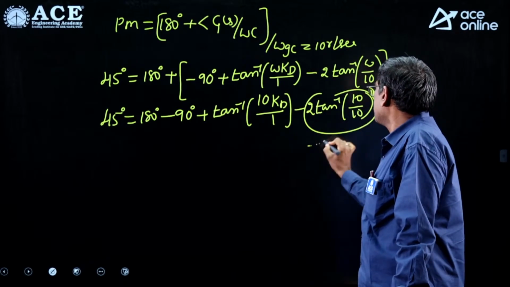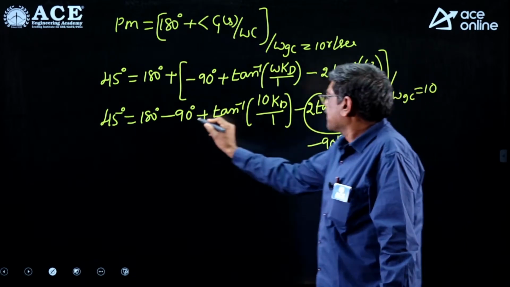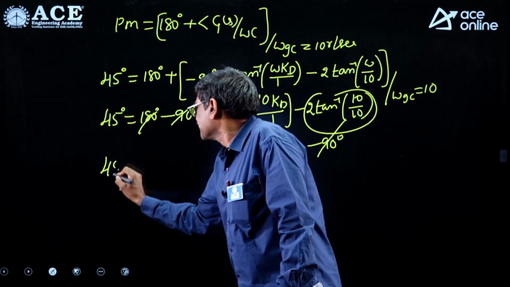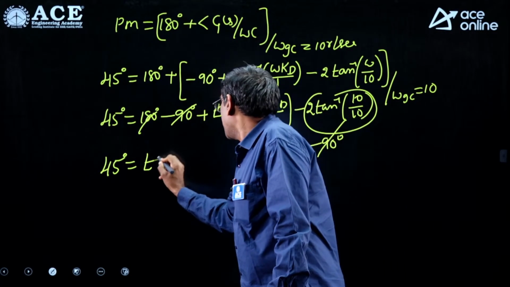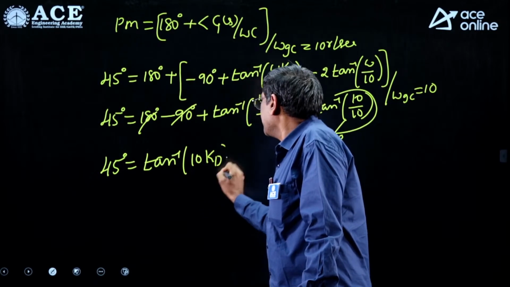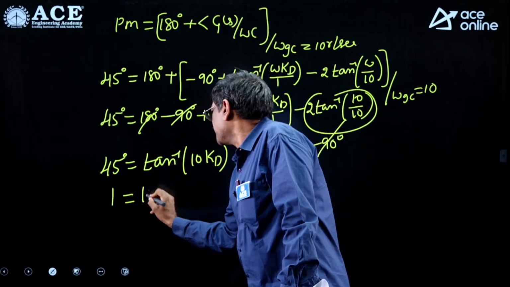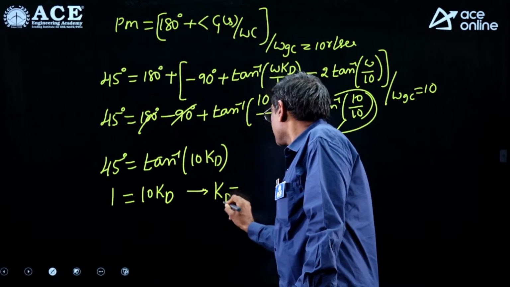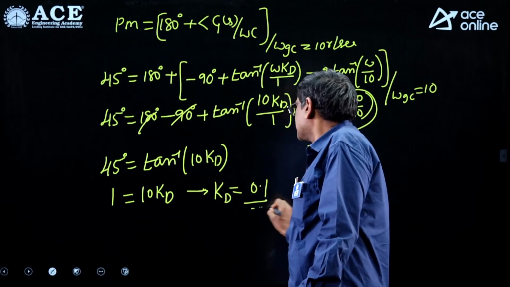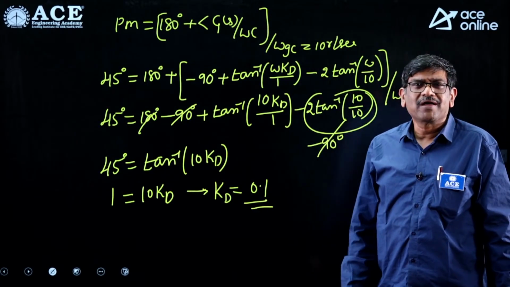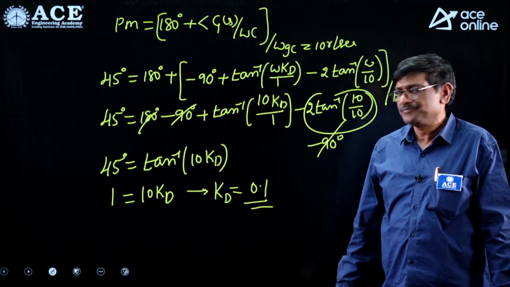This becomes minus 90, here minus 90, this will be cancelled, then 45 degrees equals tan inverse of 10 Kd. Tan 45 is 1, equal to 10 Kd. So Kd equals 0.1. Answer is 0.1. Next, my colleague Gnaneswar will continue.